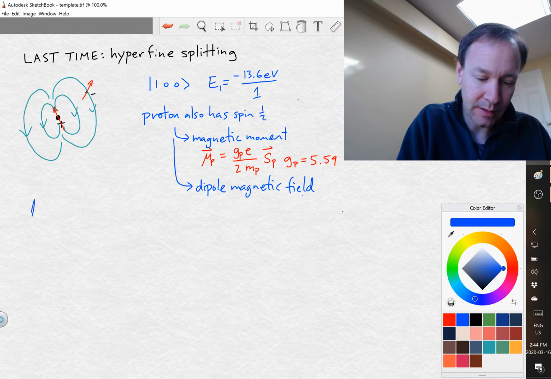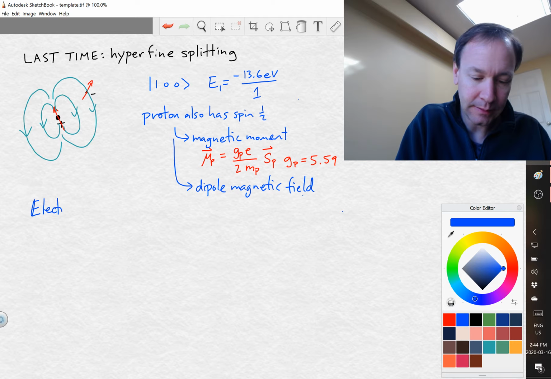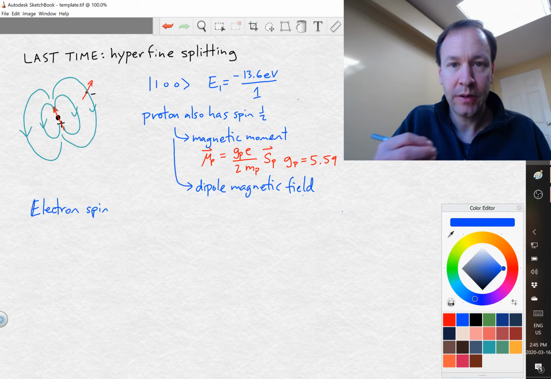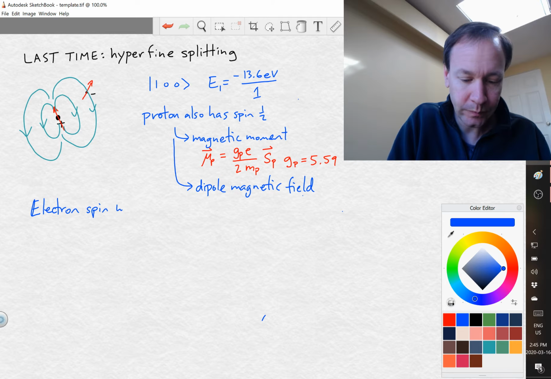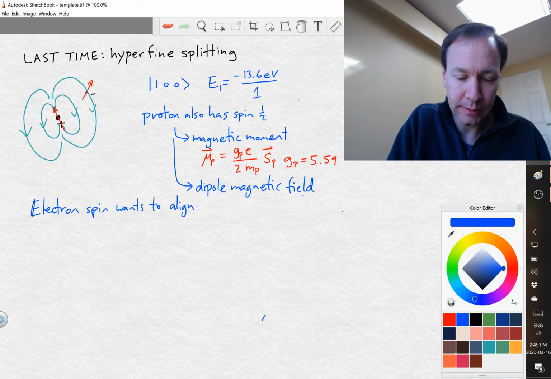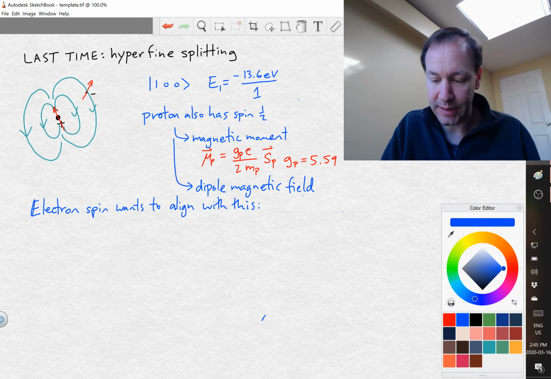Okay, so the electron spin, in order to lower its energy, would want to align with this.